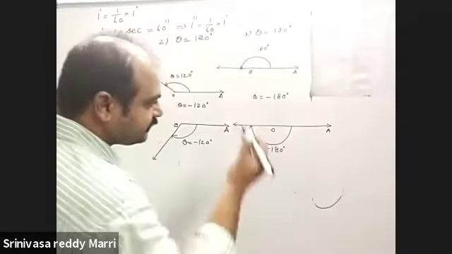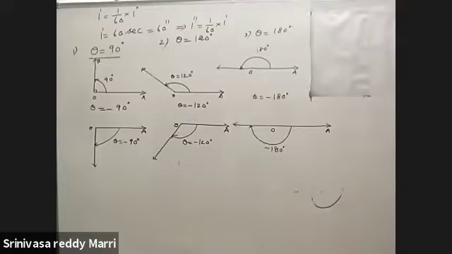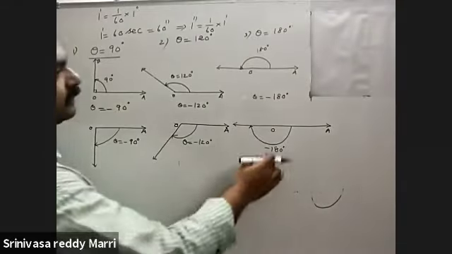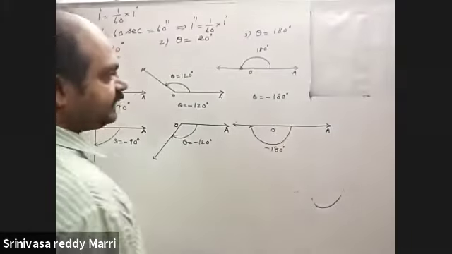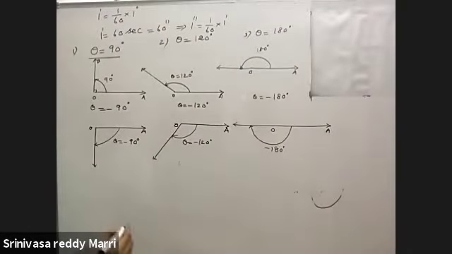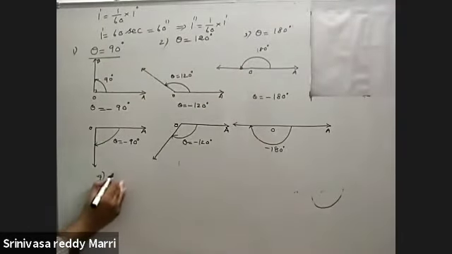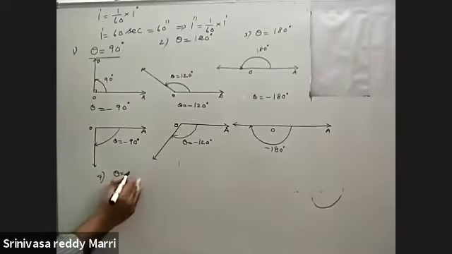So this angle is 180 degree and this angle is minus 180 degree. Suppose let us take next, theta equals 225 degree.